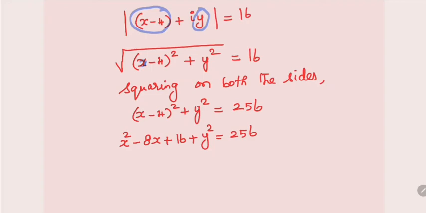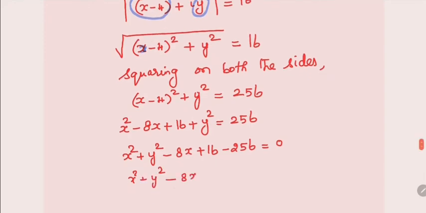You have to arrange it as an equation, so you have the x squared term and y squared term, the x term, and the constant has to be evaluated. Bring 256 to the left side, so it will become minus 256, that is equal to 0. So x squared plus y squared minus 8x, 16 minus 256 gives minus 240, is equal to 0.